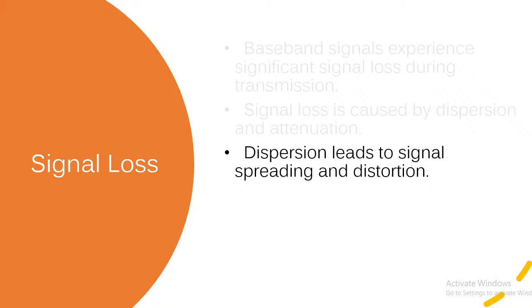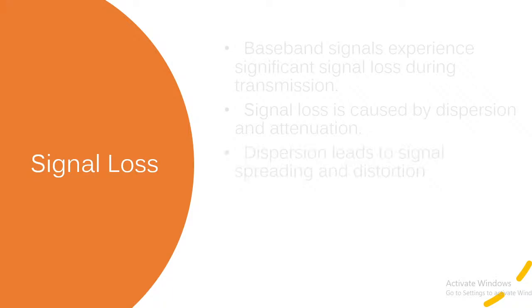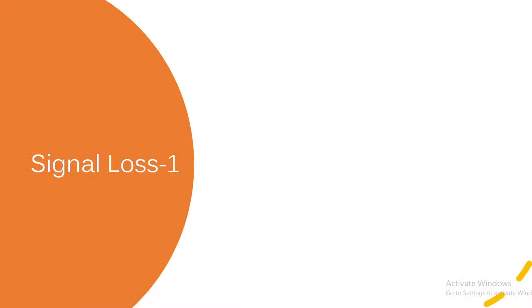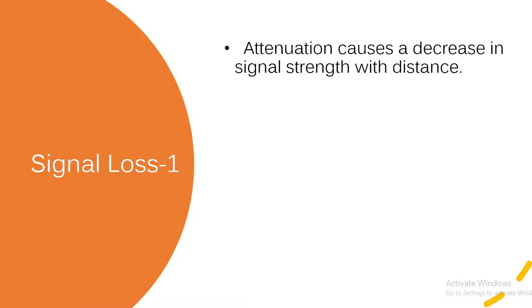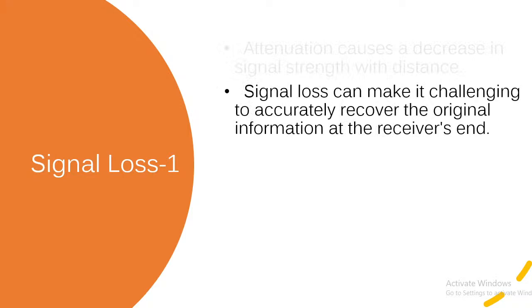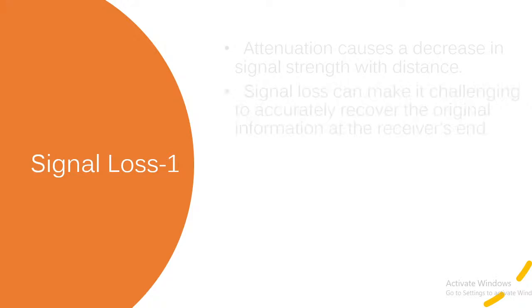Distortion will lead to signal spreading to different frequencies. Why distortion? Because other frequencies will come out, so signal shape will change. Then attenuation causes a decrease in signal strength with distance. So signal loss can make it challenging to accurately recover the original information at the receiver's end.